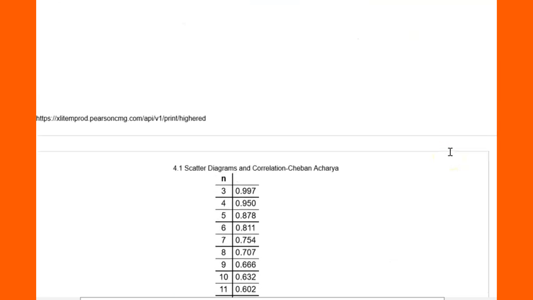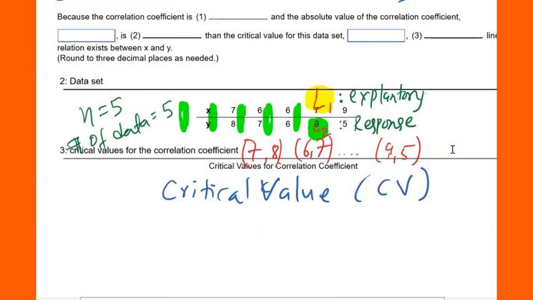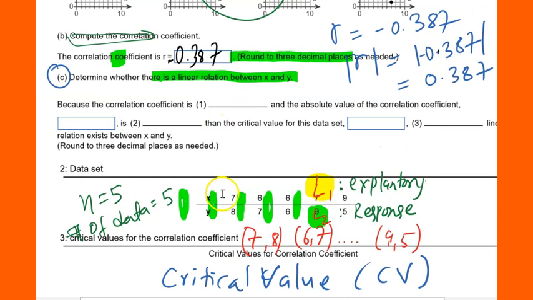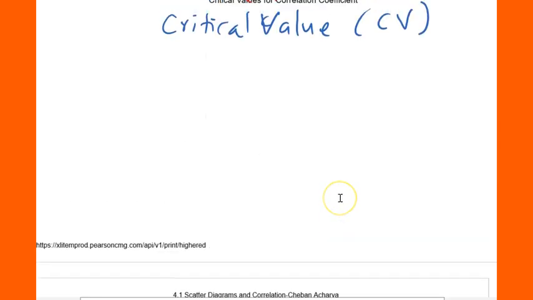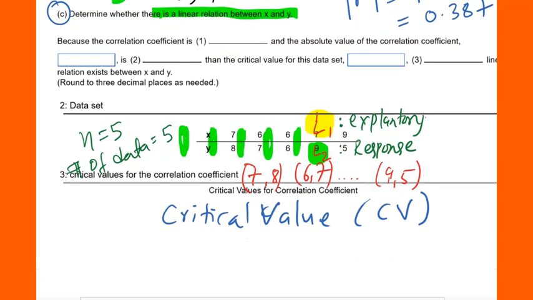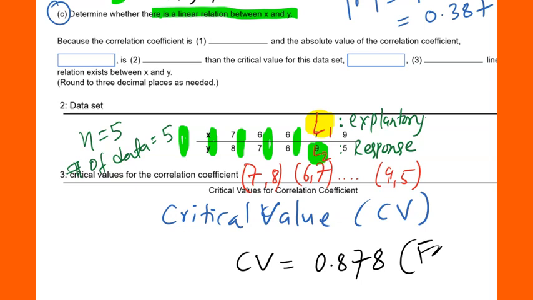You can see that for n equals 5, because there are 5 data points, the critical value is going to be 0.878. Let me write it down for you: critical value CV equals 0.878 for n equals 5. That is always given for you.